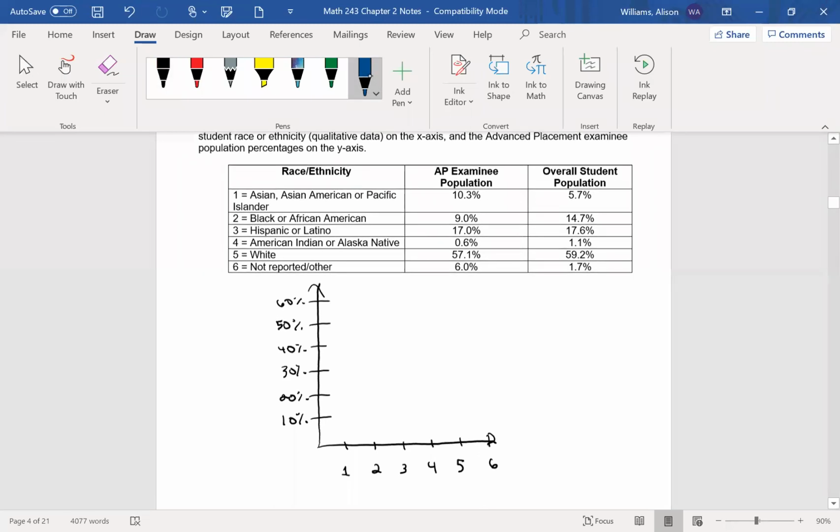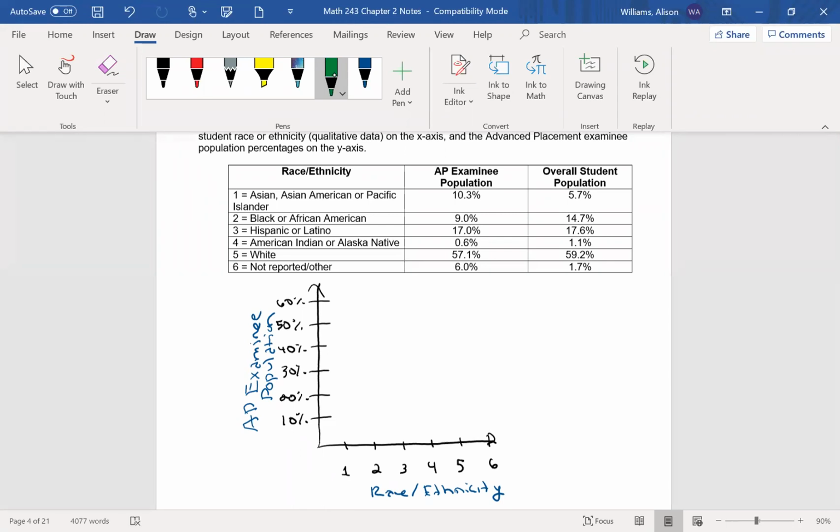So this is the AP exam in the population. And then the x-axis is the race and ethnicity. And of course, we would give them a chart so that they could see which ethnicity was assigned to which number.